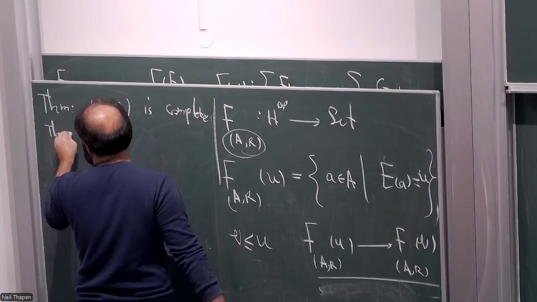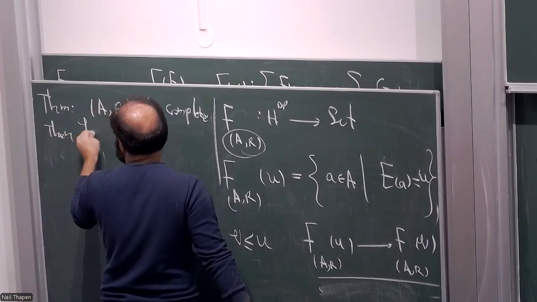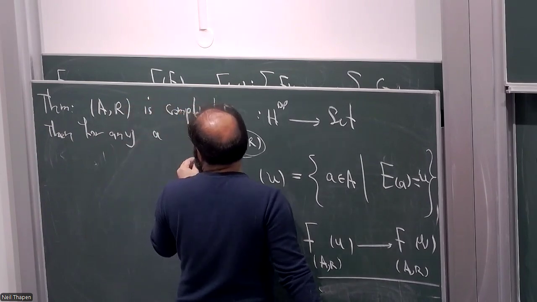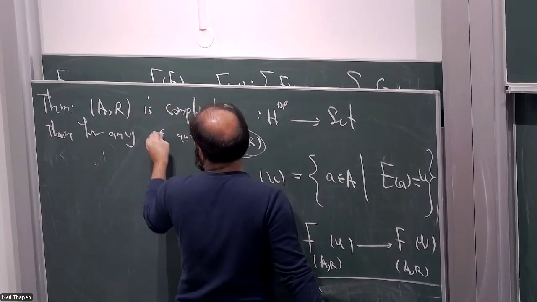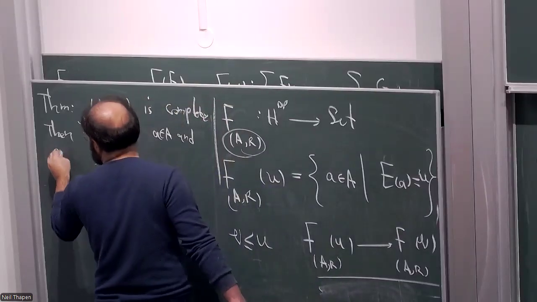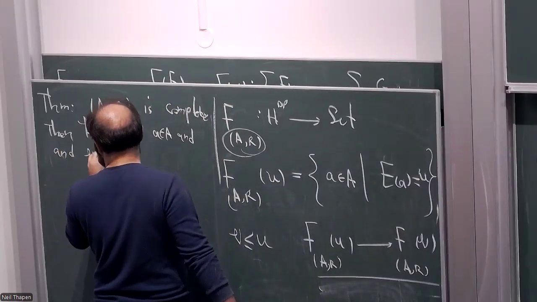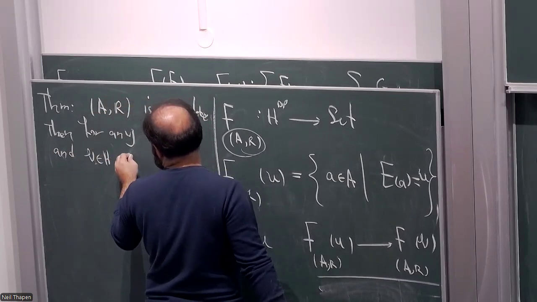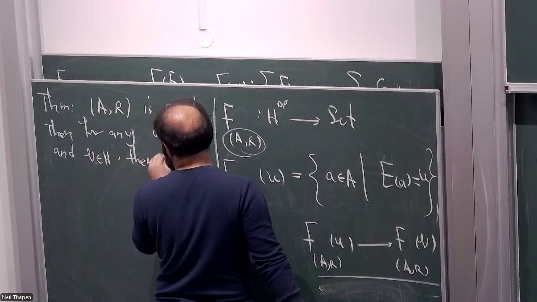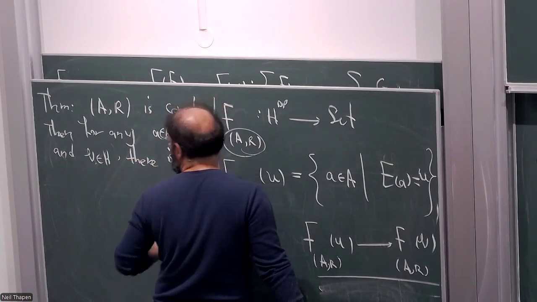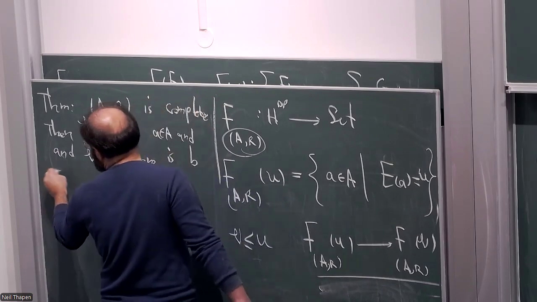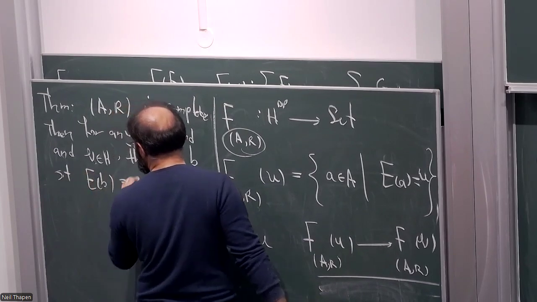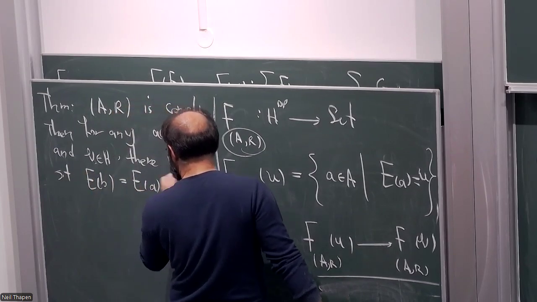Then for any A in A and any V in H, there is a B, a unique B even, such that E of B is E of A and V.